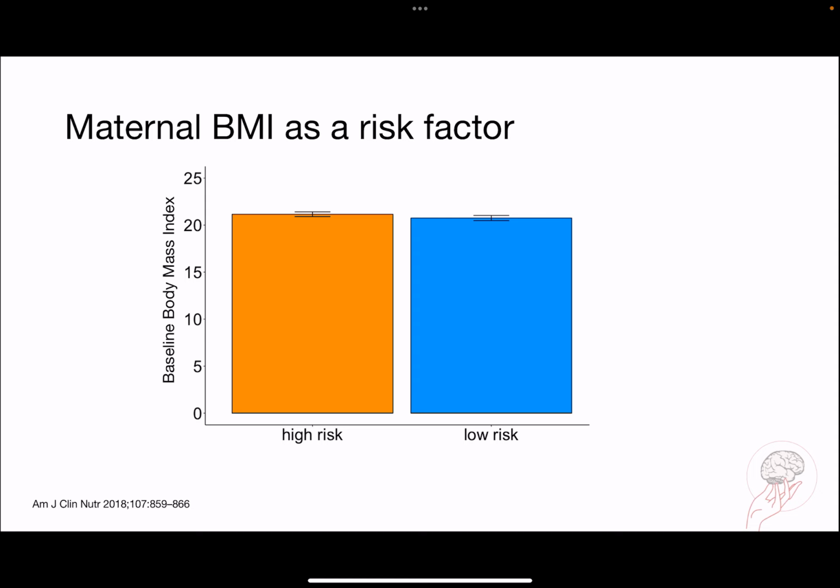But then we also looked at maternal BMI as a risk factor for excess weight gain. And so at baseline, there's no difference between the two groups. They're the same. Their body mass indexes were around 20.